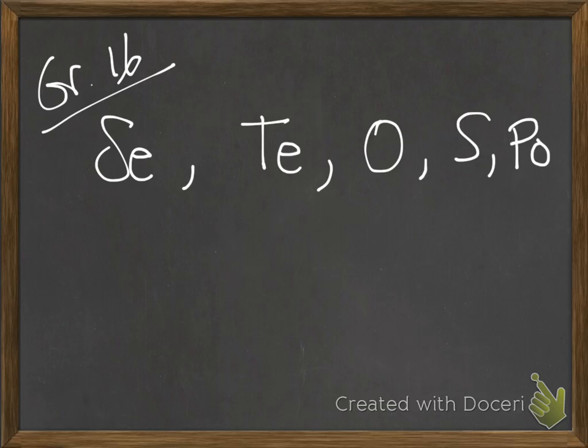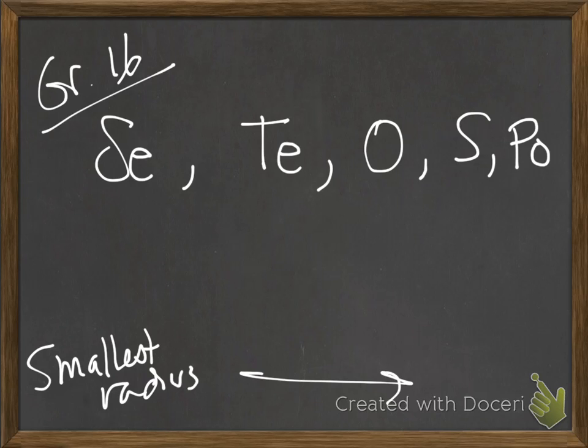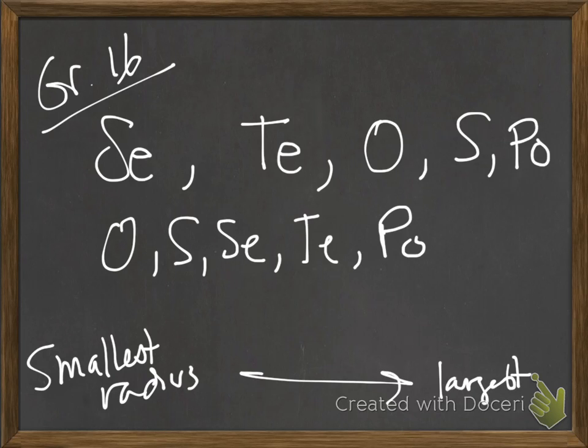Put them in increasing order of atomic radius, smallest radius to largest. All right, so this one's really easy. Order of radius, we just go straight down the group. Fantastic. Wonderful. And it makes sense cognitively. You're adding more electrons. Of course it's going to get bigger, right?